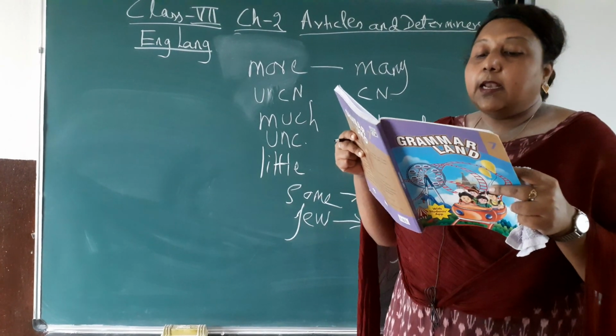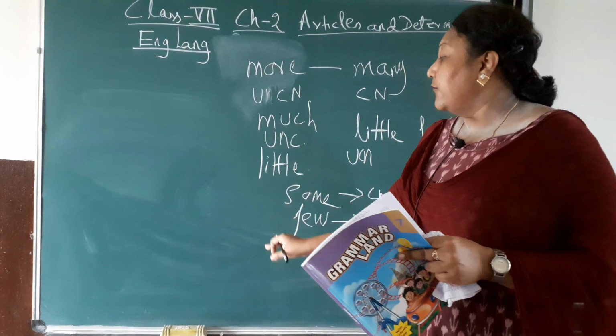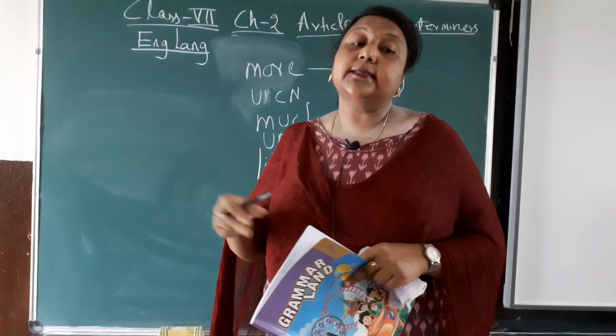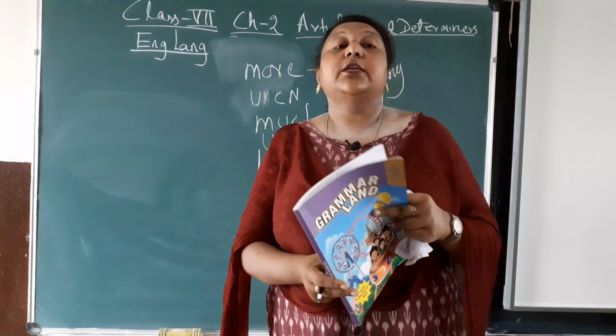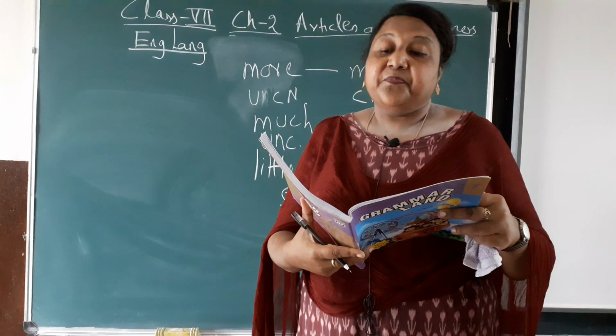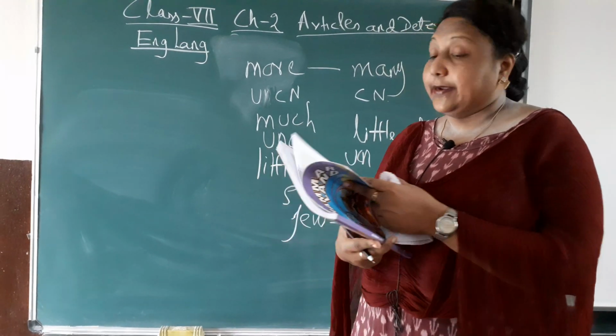Few, a little, less, many, much, more, these all come under the category of quantifiers, meaning telling quantity, but some are telling a definite quantity, some are telling an indefinite quantity. So, that is the differences between each and every determiner.